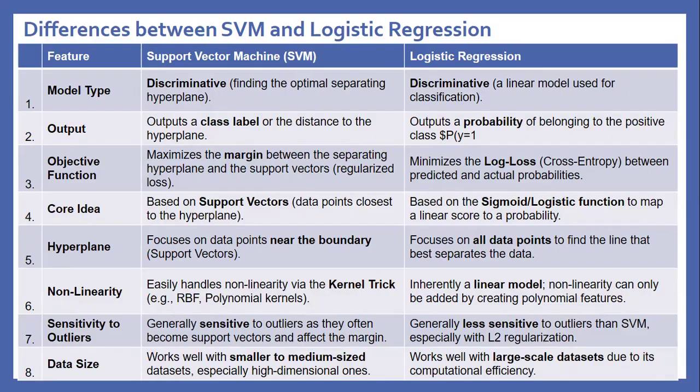Logistic regression is generally less sensitive to outliers than SVM, especially with L2 regularization. Data size: SVM works well with small to medium size data sets, especially high dimensional ones. Logistic regression works well with large scale data sets due to its computational efficiency.